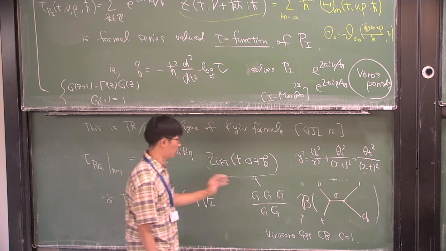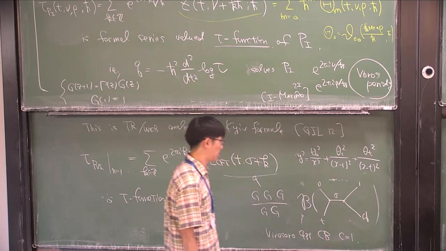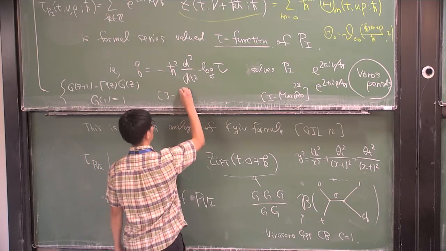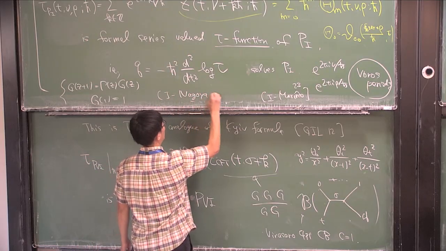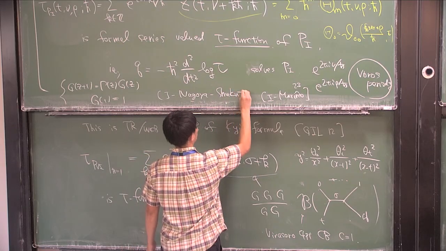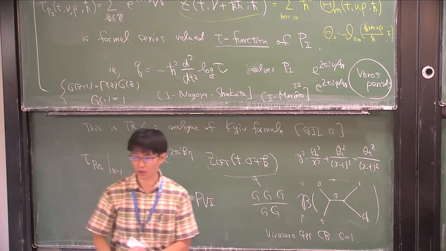It may come from CFT, but it may not, but we have several checks, which is ongoing work with Hajime Nagoya, one of my students. I hope to report it on some other occasion, but okay, I will finish.